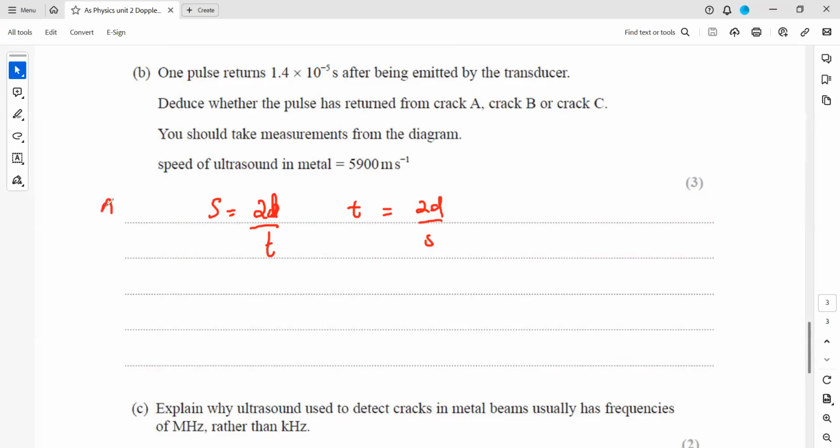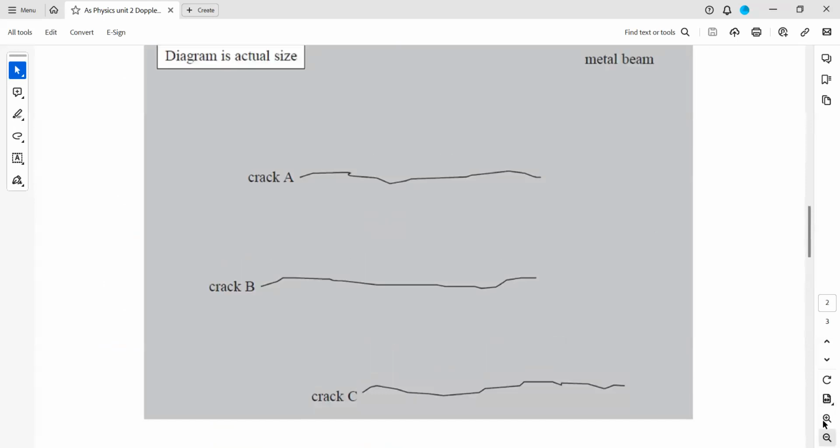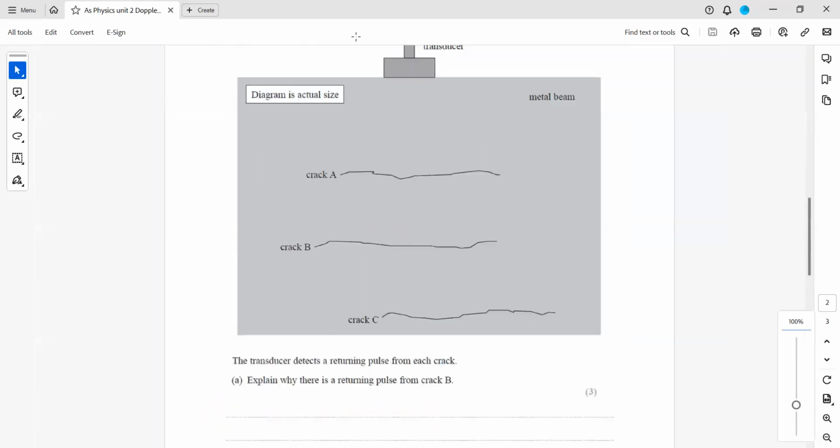And we have to do the calculation for A, calculation for B, and calculation for C. We have to use the figure here. Because we have to measure a distance, and as they mentioned, the diagram is actual scale. So you have to measure this distance and take an average, trying to take the same position. If you take the center, this one is the distance of A, this one will be the distance for B, and this one will be for the distance of C. You have to use your scale or a ruler and measure these distances.